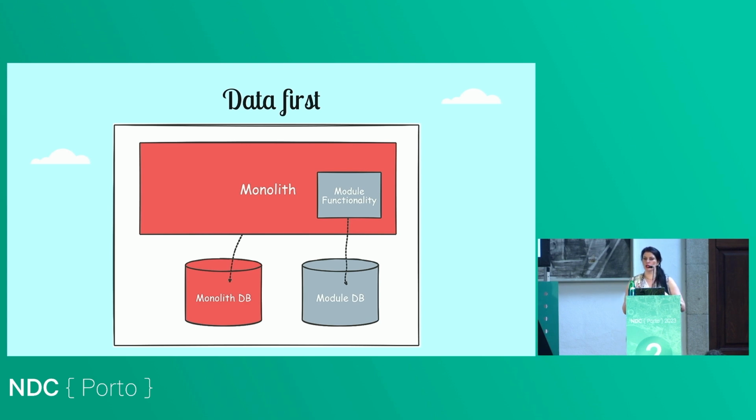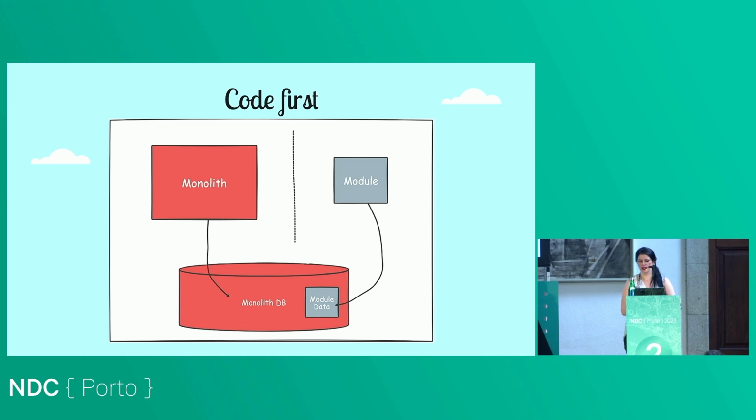So if you think you're going to have problems with your data, decomposing your data, start with data first. The other way is code first, and you may want to go in this because, you know, we're developers, we feel more comfortable with code than data.